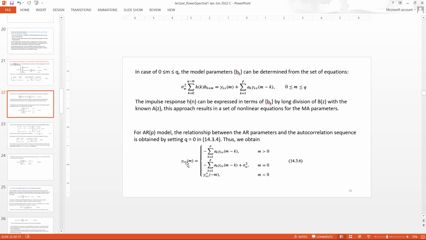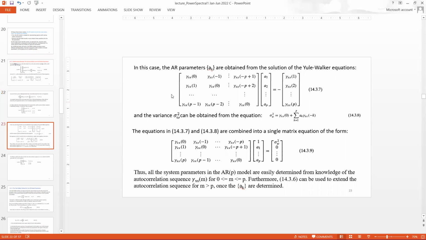The autocorrelation has three conditions: m greater than 0, m equal to 0, and m less than 0. These give us a number of equations termed the Yule-Walker equations, and their solution, along with another relation, the variance, will give the parameters.